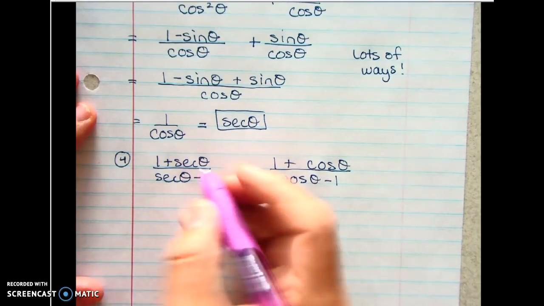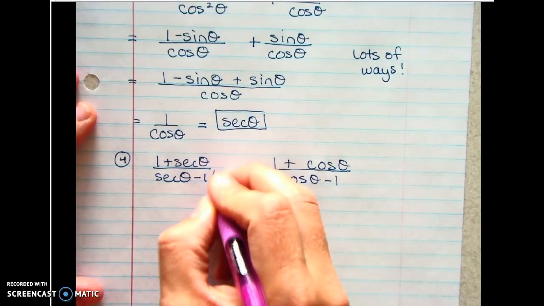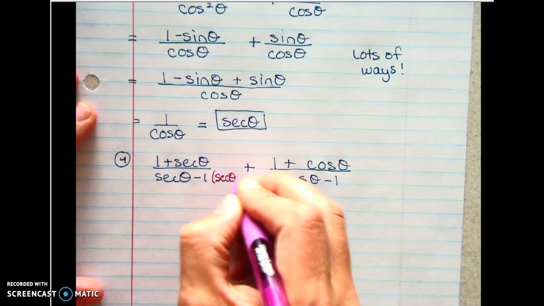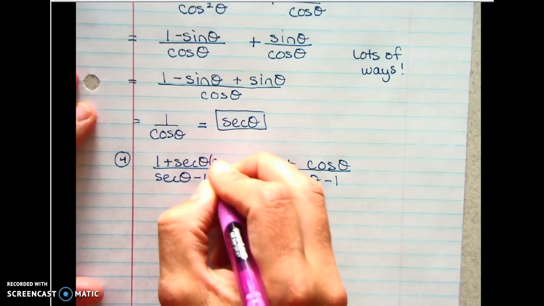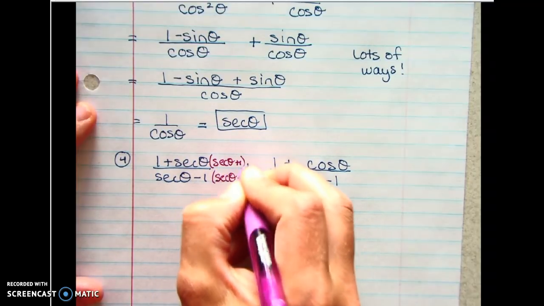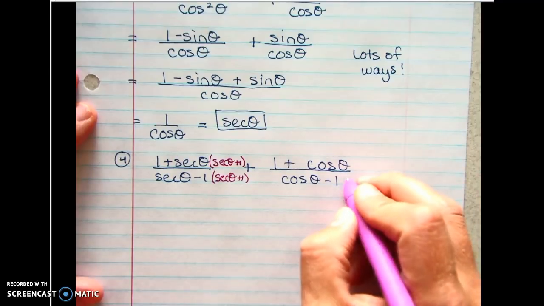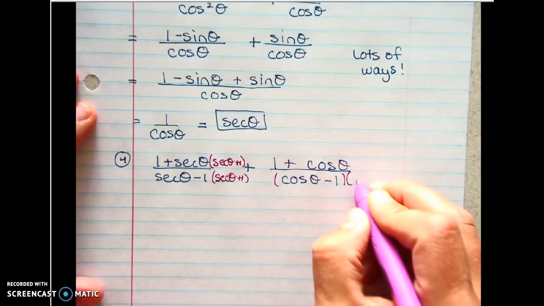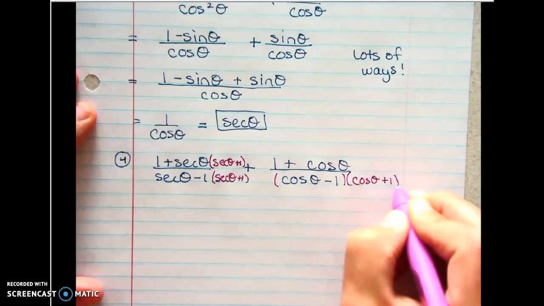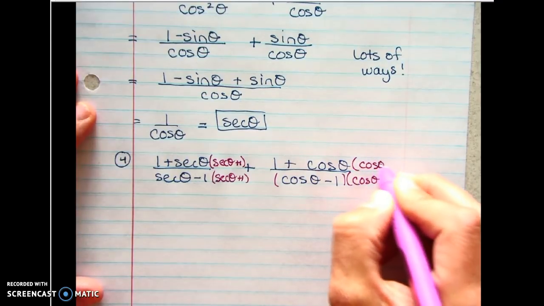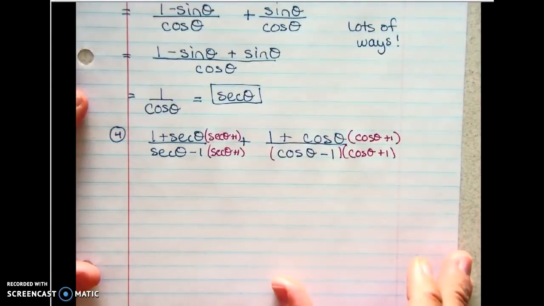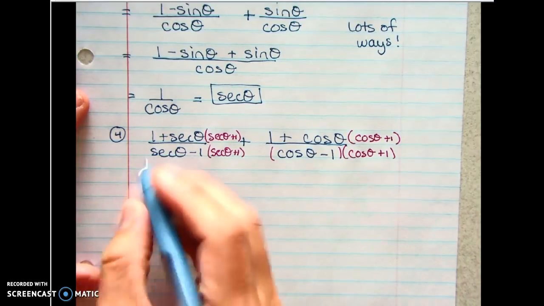What should we multiply by to create that difference of 2 squares? Let's multiply by secant plus 1. Secant plus 1. And this is cosine minus 1, so we're going to multiply by cosine plus 1, top and bottom. And let's see what happens. I don't know if this is right, but we're going to try it.